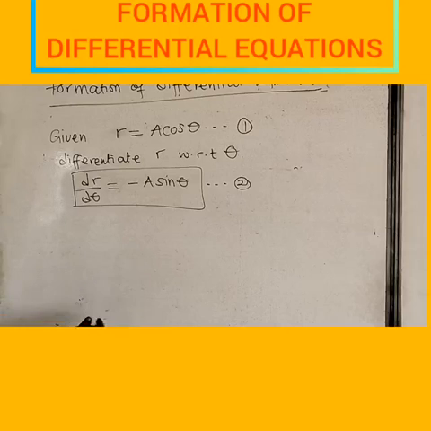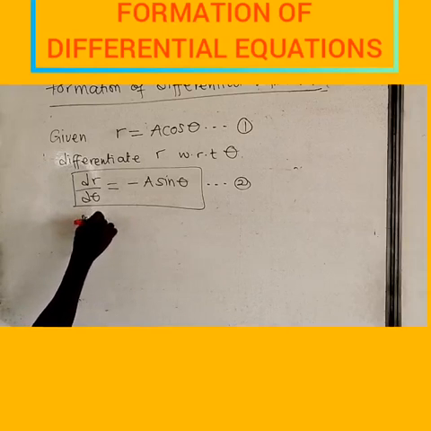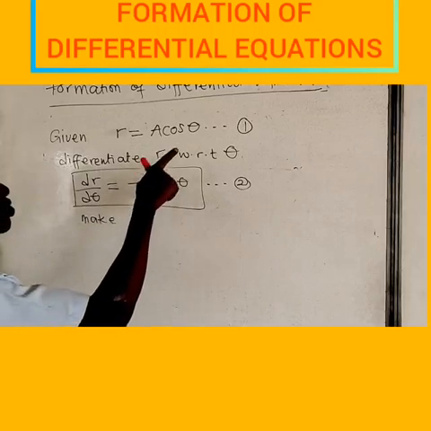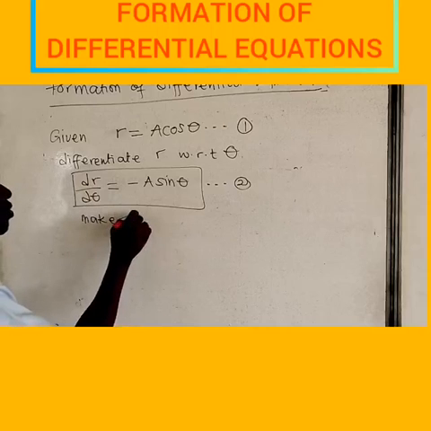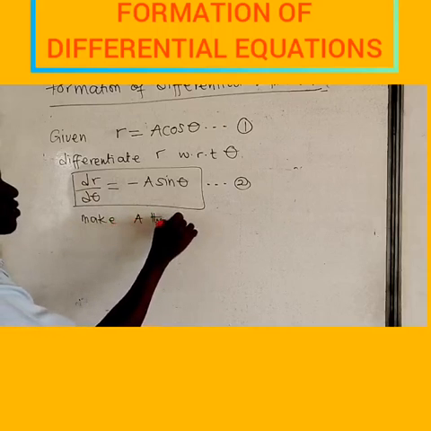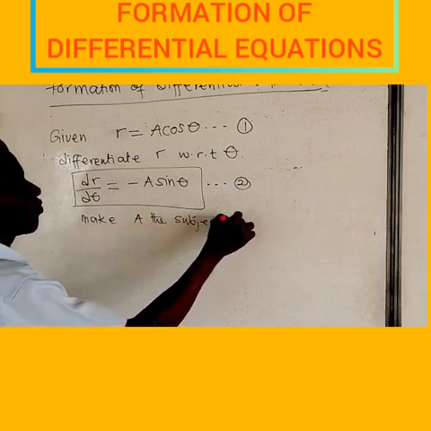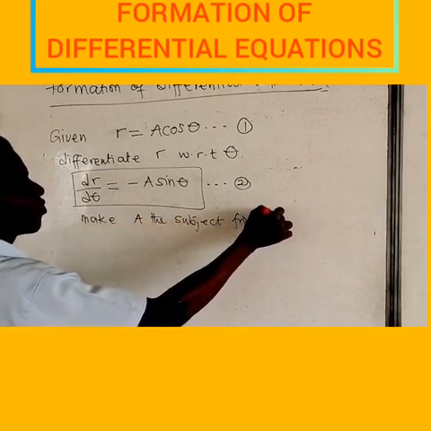So all we have to do is change the subject and then substitute. We make a the subject from either equation 1 or equation 2. We can make a the subject from equation 1, and it's simple.